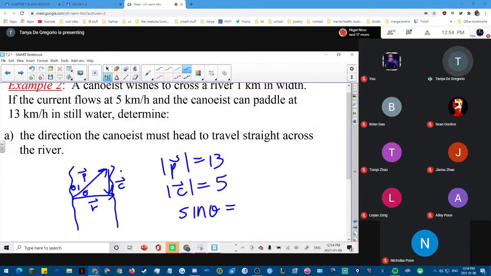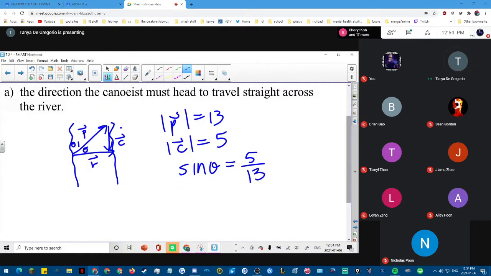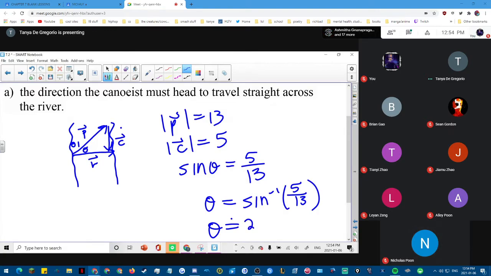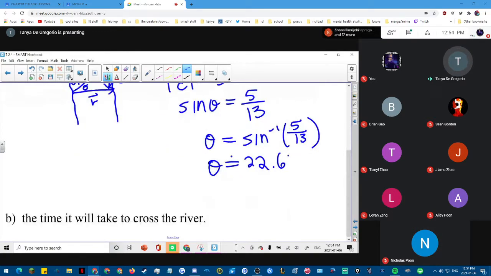So sine of theta is equal to opposite over hypotenuse. And so we have 5 over 13. And so I take the inverse of sine. And what do I get approximately? 22.62. Okay, I'll just take it to one decimal point there.